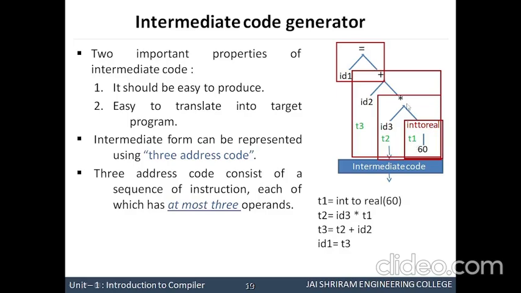This temporary variable 1 is multiplied with identifier 3. The result is stored into temporary variable 2. Third, this temporary variable is added with identifier 2 and the result is stored into temporary variable 3. The temporary variable 3 is directly assigned to identifier 1. This is the sequence of intermediate representation.